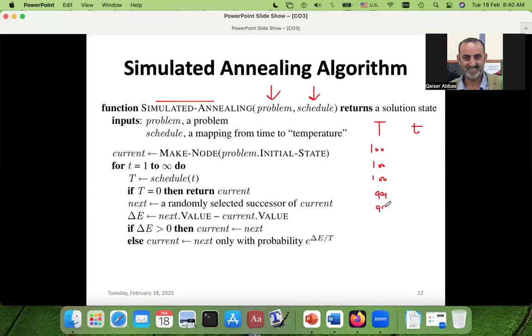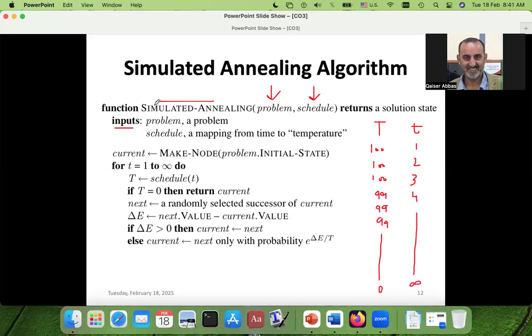I am writing these values because this is what I have already practiced. In this way you can go on to 98 and then finally you will reach zero. Similarly, the time initially would be one, then two, three, four, and so on, and according to this algorithm it is going to infinity.